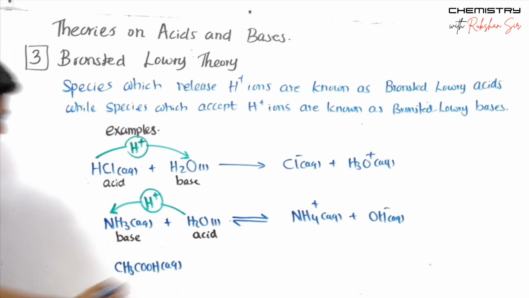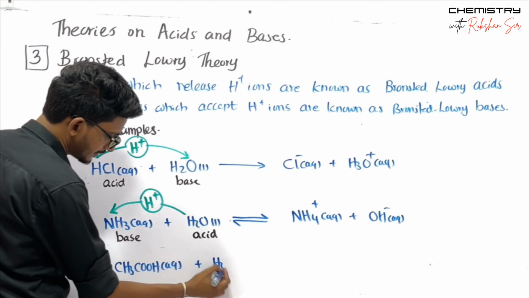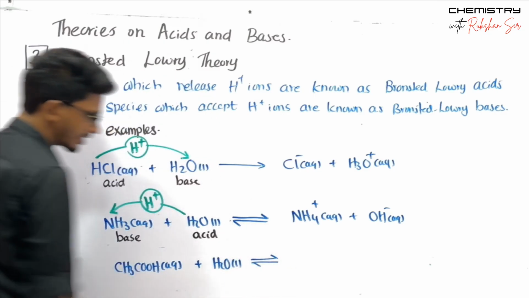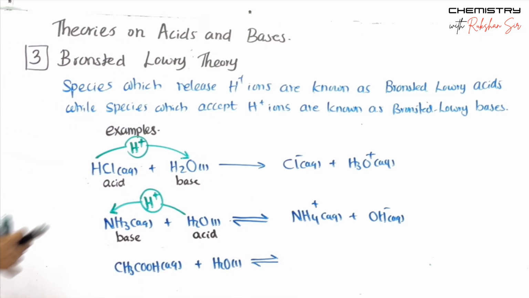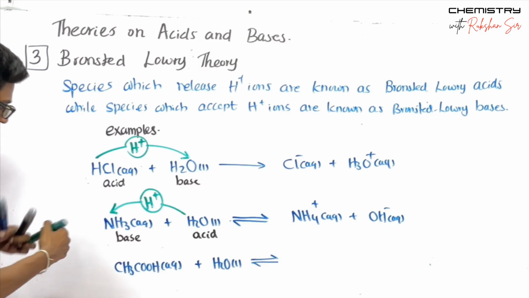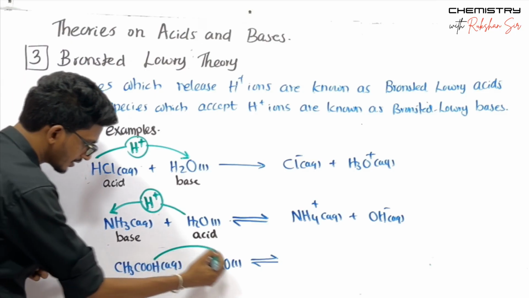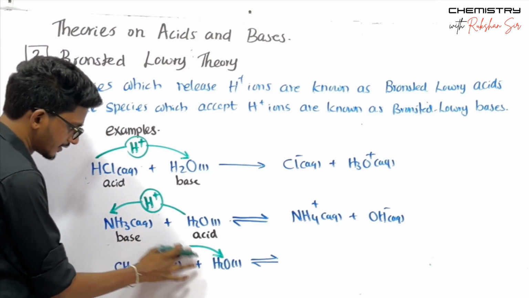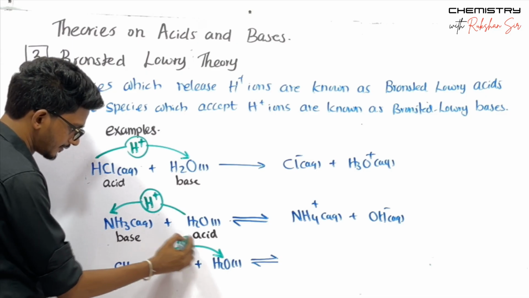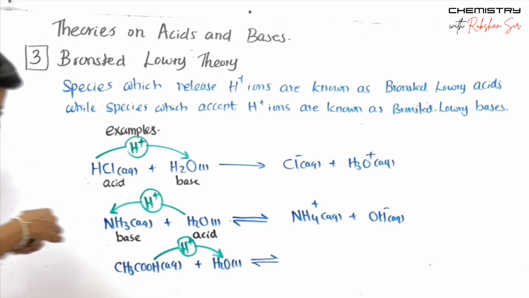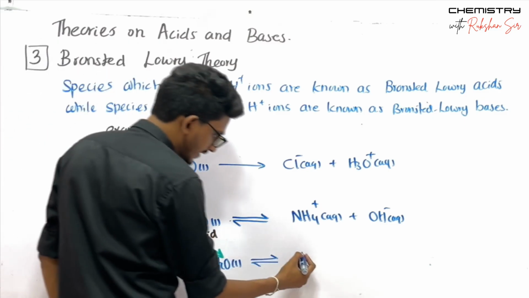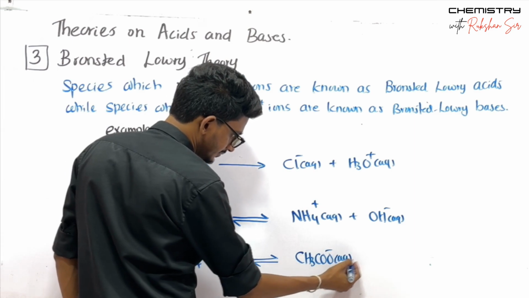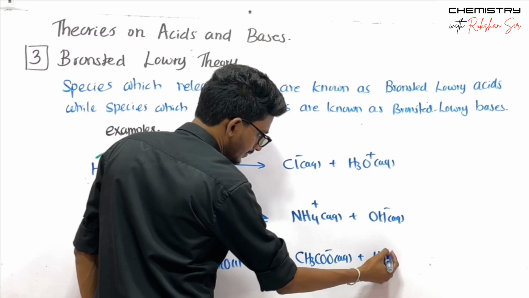Think of the hydrolysis of CH3COOH, acetic acid, reacting with water. It is also a double arrow reaction. Here, this molecule will release this H plus towards water to produce the acetate ion, CH3COO minus, and H3O plus.